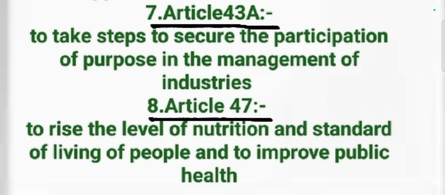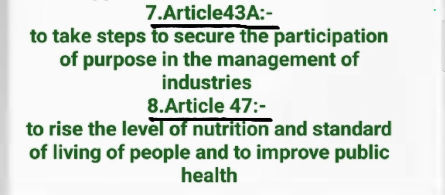Here the nutrition level will be increased by the government, and the standard of living too, like basic necessities: nutritional food, better standards for families, shelter, washrooms, education for their children, and even providing loans through DWCRA, especially to women who have the ability to expand their business in rural areas. These are the main important standards of living.